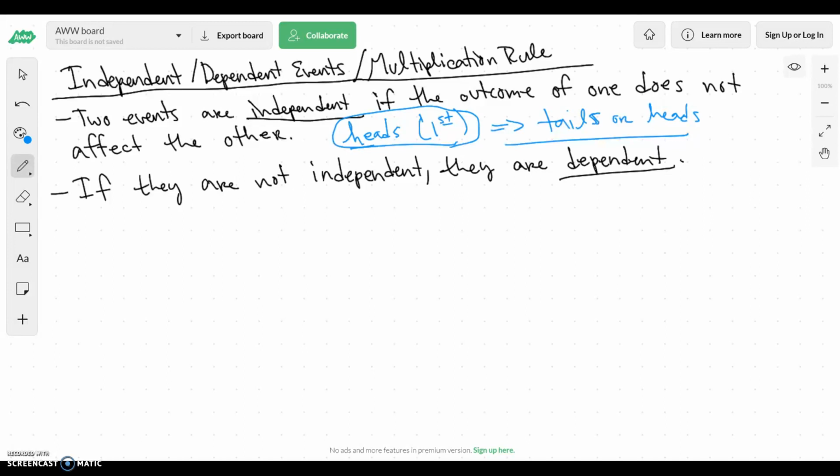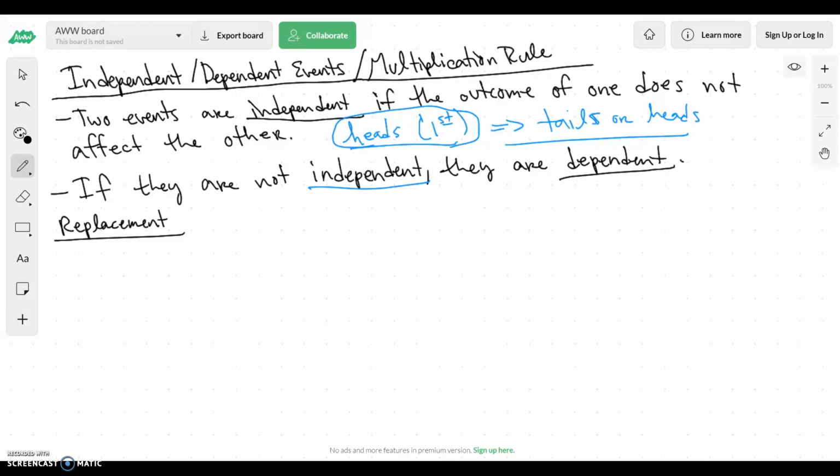Now, things that depend on one another, or that are not independent, are what we call dependent events. The best way to understand this is with keywords like replacement. We have to be very careful with these two different types of events.